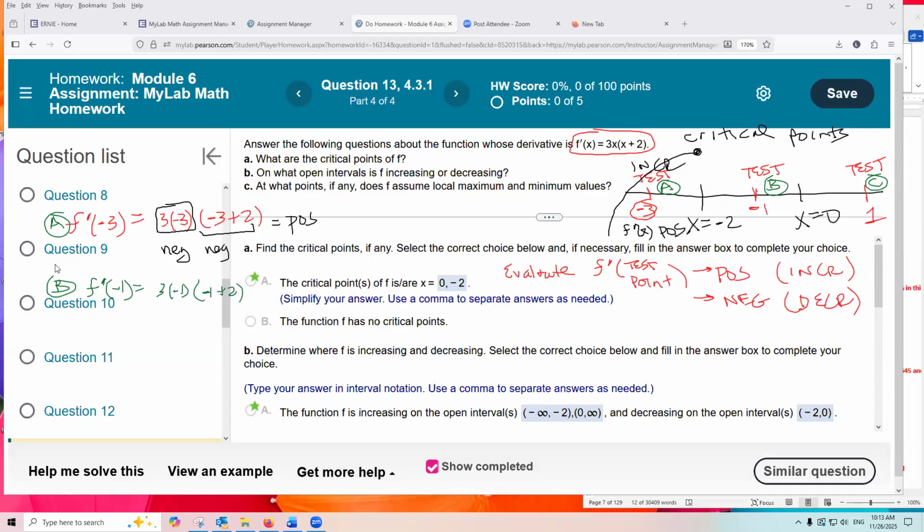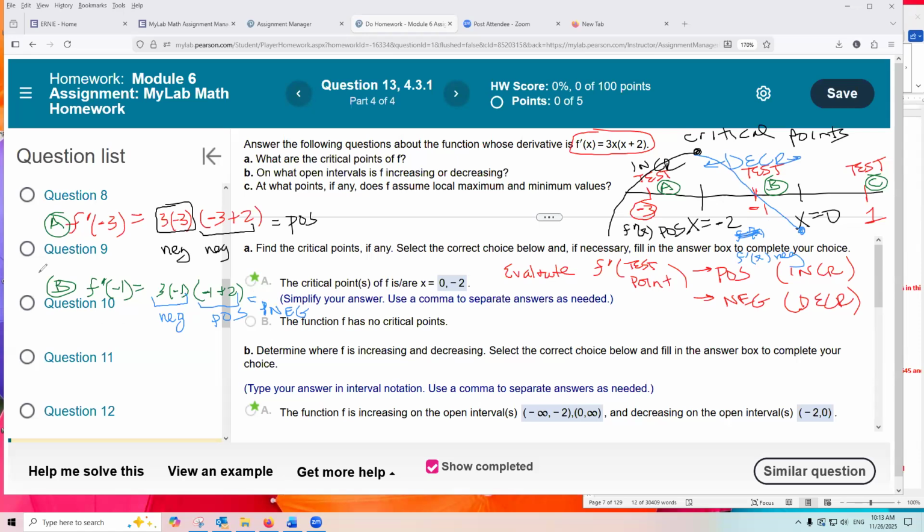Again, let me just do my positive-negative analysis here. 3 times -1 is negative. -1 plus 2 is positive. But negative times positive is negative. So in this middle interval, we just figured out the derivative is negative. But that tells me the graph is decreasing in this interval. So I'm thinking the graph does something like this.